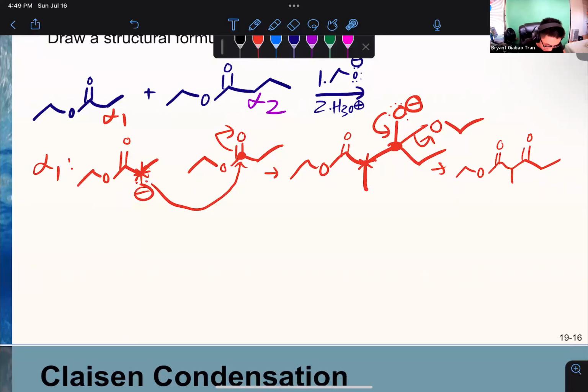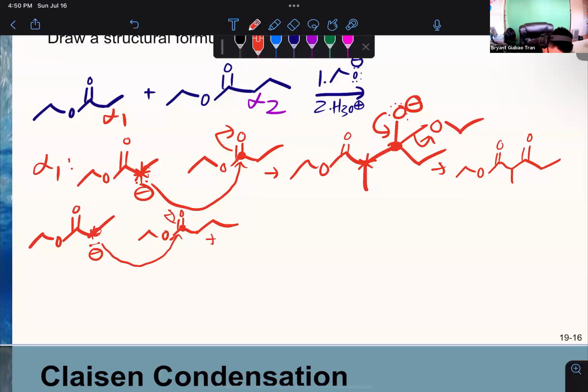So that's when this alpha 1 attacks itself, it could also attack the other molecule. So let me draw that. Dot that, start, attack the dot carbon, kick up the carbon up there.